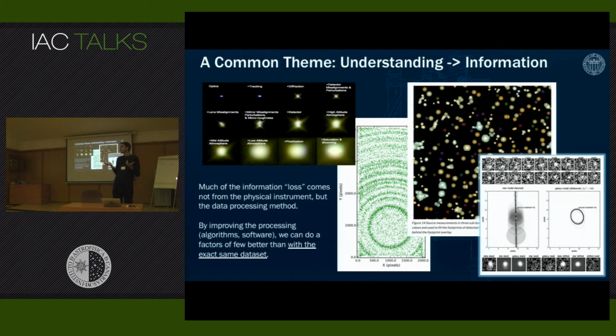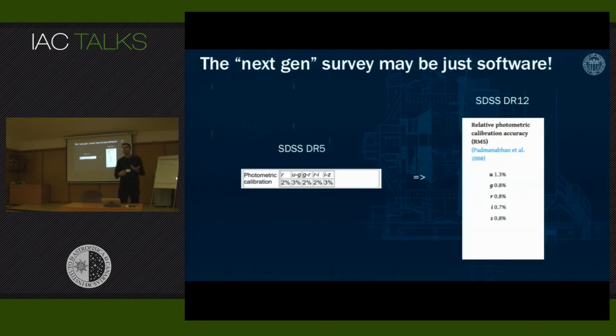And so this is really where you come in, because this is the kind of thing that's already started to happen. Here's the difference between Sloan Digital Sky Survey data release 5 and data release 12 in photometric precision. I'm sorry I don't have these in exactly the same form, but it was 2% at DR5, and at DR12 it's 0.8%.